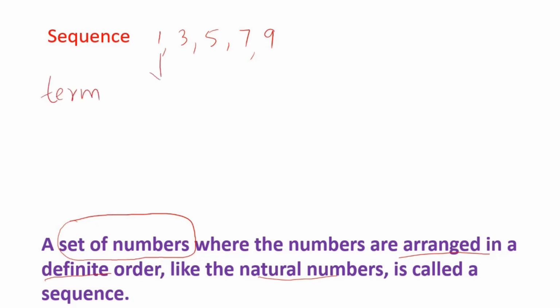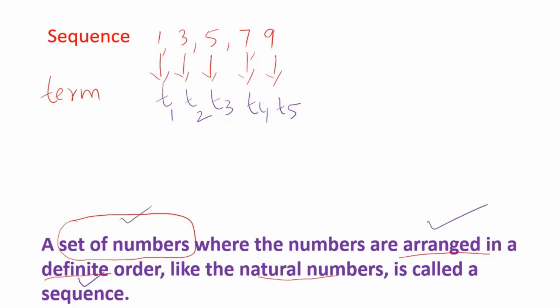So this is the first term, this is the second term, this is the third term, this is the fourth term, this is the fifth term, and I use the letter T for term. This is T1, this is term 2, this is term 3, this is term 4, this is term 5.